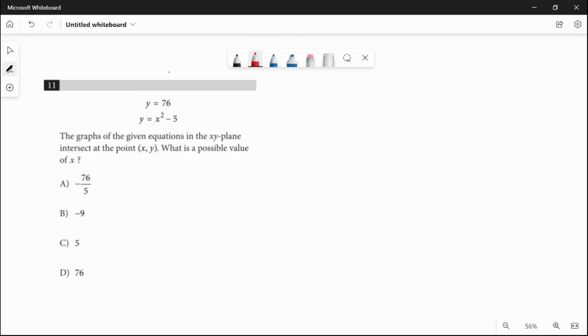Question number 11. The graphs of the given equations in the xy-plane intersect at the point (x, y). What is a possible value for x? So we are going to substitute the value of y into the second equation. So we will have 76 equal to x to the power of 2 plus 5. Solving for x, we will have 81, because we added 5 to both sides, is equal to x to the power of 2.